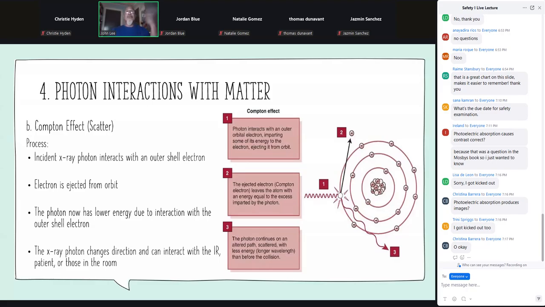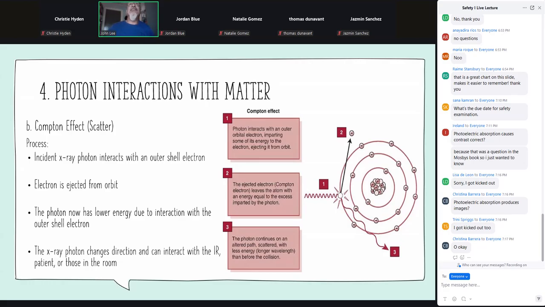So our next slide here breaks down the Compton interactions for you. Outer shell loosely bound, electron gets ejected, and the photon has lower energy because some of it was given up to that electron, one, to get it out of its orbit, and two, to get it moving away from the atom itself.